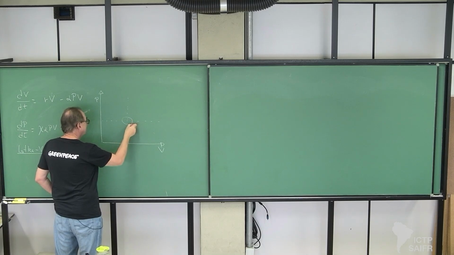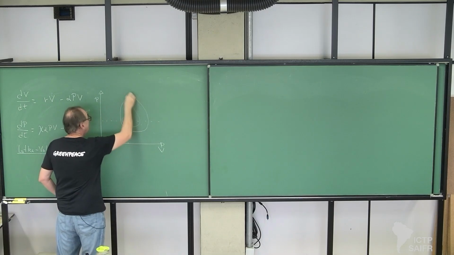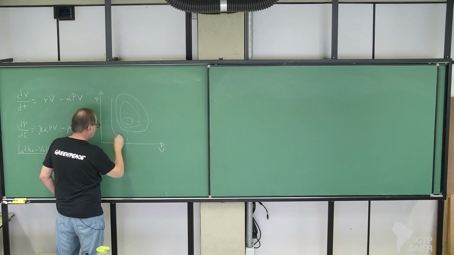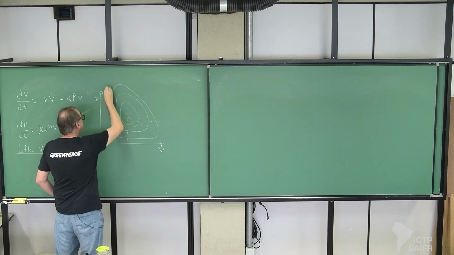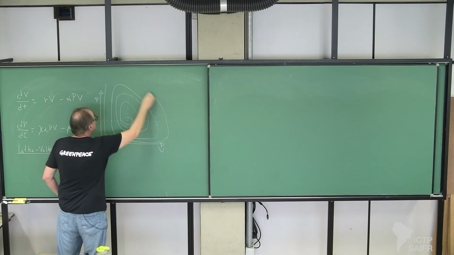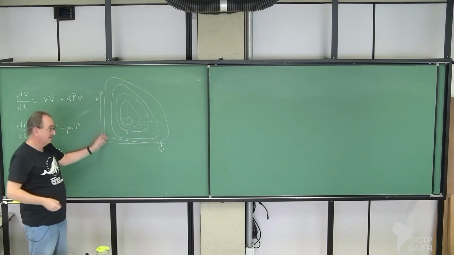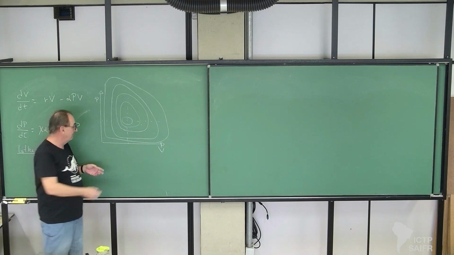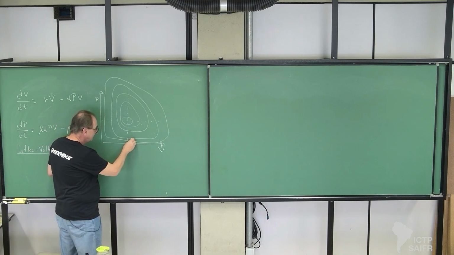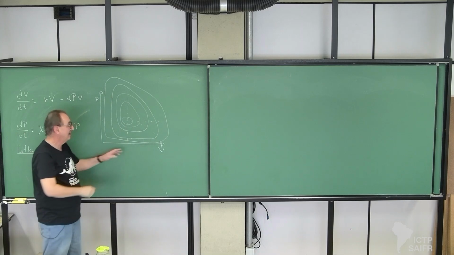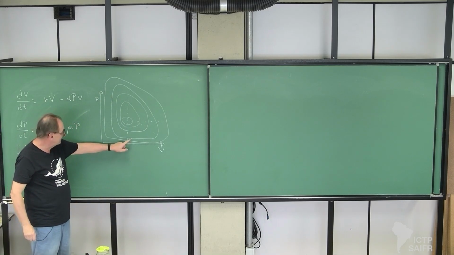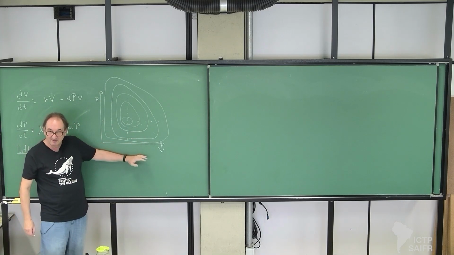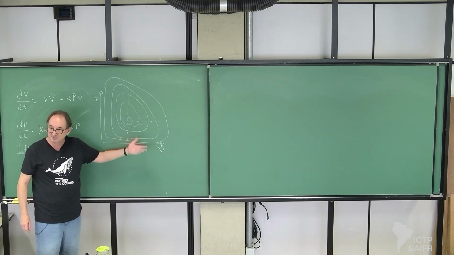Then you had not circles, but closed curves going around this way. These are called trajectories in the phase space, and over time you circulate here. Every point has a certain value of P and a certain value of V, and this changes over time.